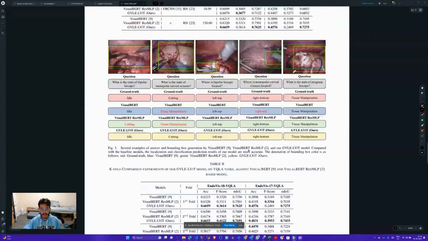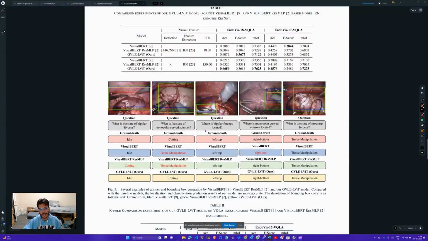But coming back to the data set, as you can see, this is more of a classification data set. It answers the what and where, but this is still a long leap from why. A point to note here is that this is a VQA task, vision plus question.